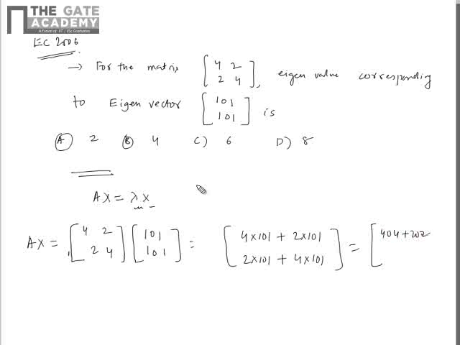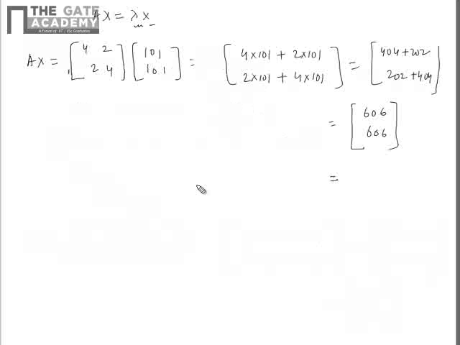So this I'll be getting 404 plus 202, 202 plus 404. So this will give me 606, and I can take out 6 common, and I'll get again the same vector 101 101. So this 6 is your eigenvalue, because I am getting it in this form.